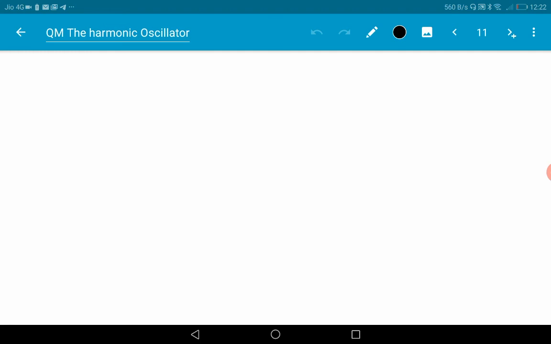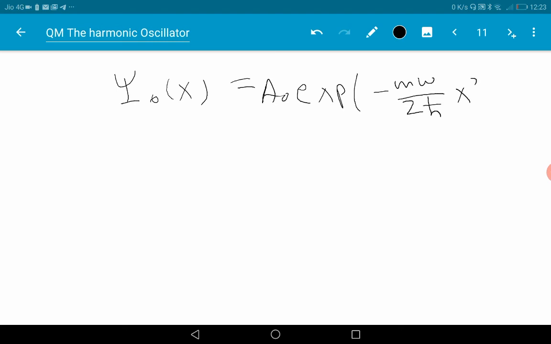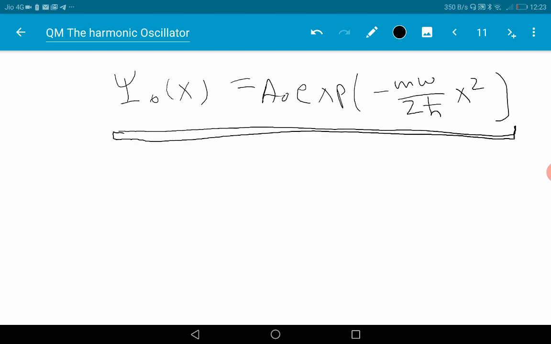After solving the differential equation, the function is A naught exponential minus m omega by 2h cross x square, and this is the lowest wave function which can give a non-negative value for the energy. E is total energy, so it must be greater than 0.